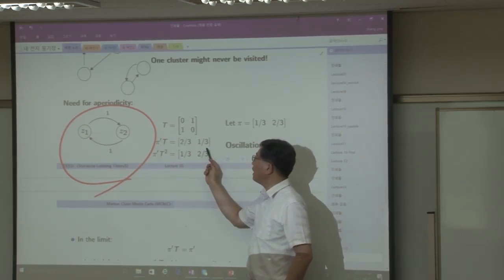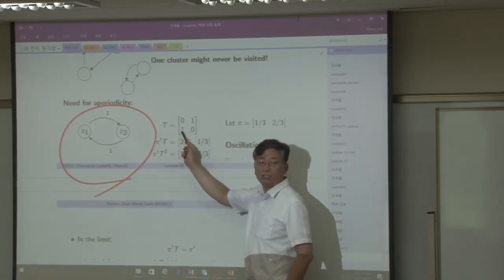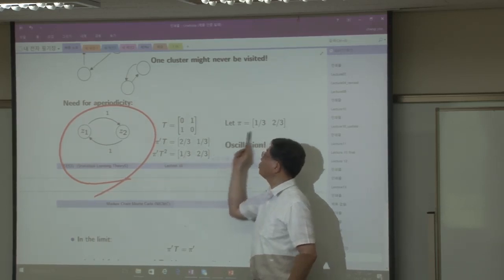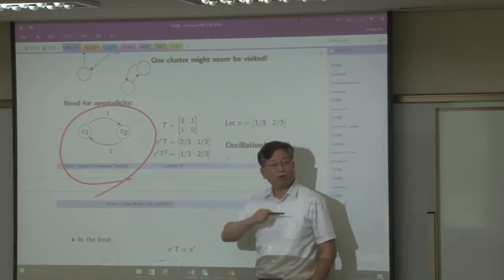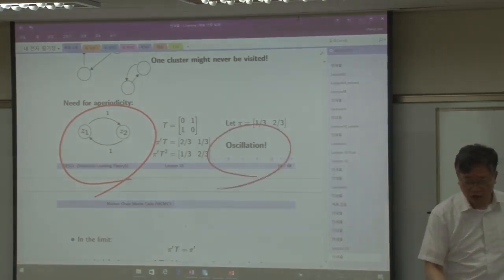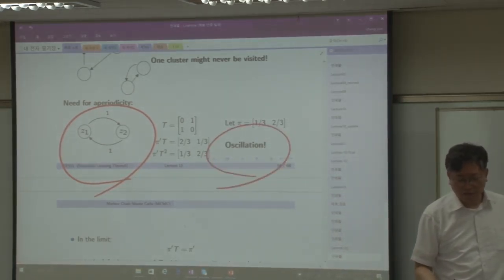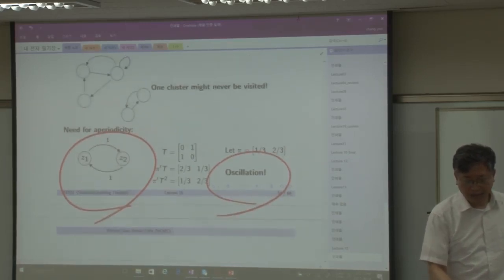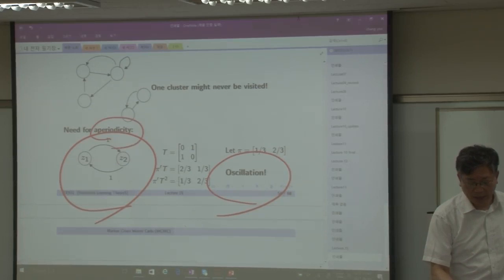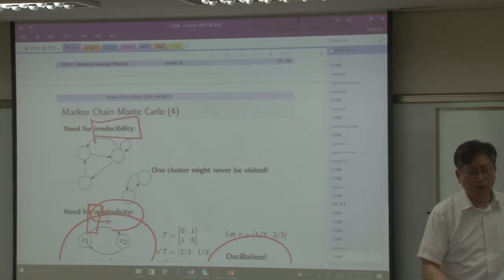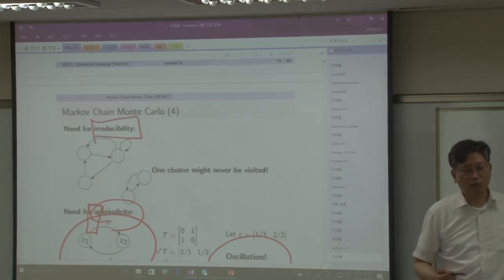Then if I multiply by the transition again, I get the original. I'm going back and forth, back and forth. This is oscillation. You should not have oscillation, meaning it has to be aperiodic, not periodic. And it has to be irreducible. It should not be reducible.